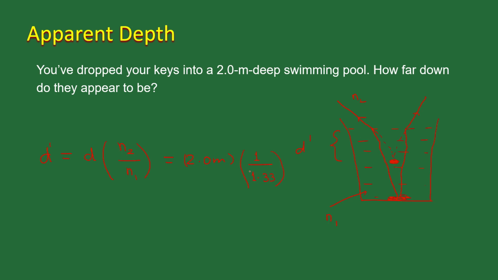That's 1.33. So if you do that calculation, 2 divided by 1.33 gives me 1.50. So that's 1.50 meters, the depth from the surface. Okay, 1.5 meter.